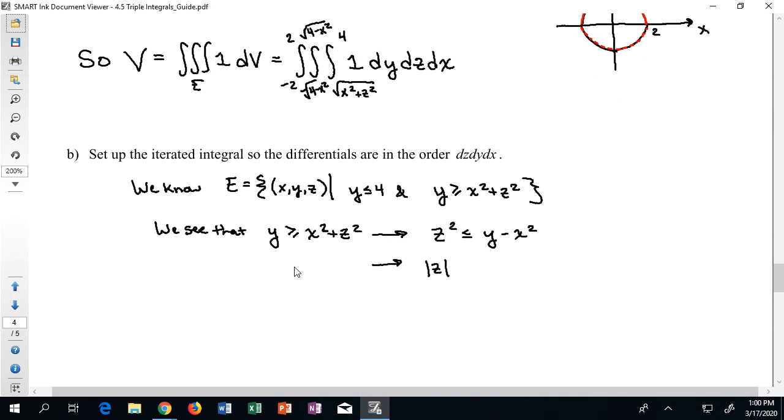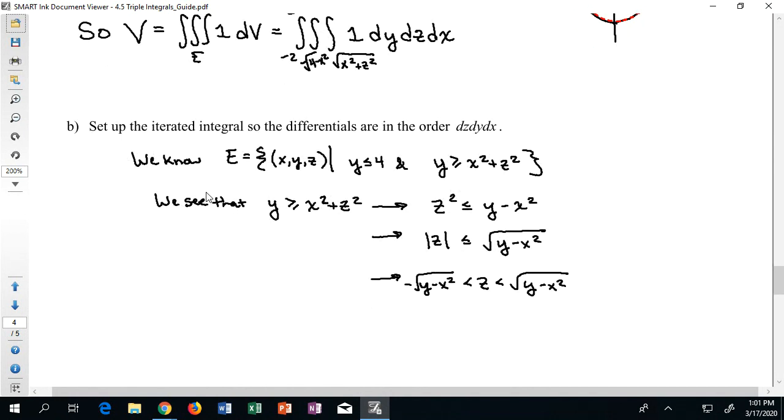The square rooting of both sides is going to produce an absolute value of z on one side and the square root on the other side. But if the absolute value is less than or equal to something, that gives me that z is actually bounded between the positive and the negative of these values. This is all just algebra skills that you've probably seen many times before.